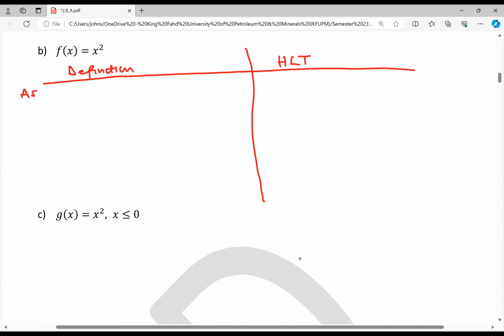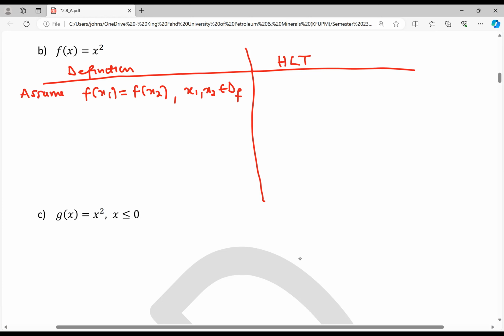By definition, we will assume that f of x1 is equal to f of x2, and we will take x1 and x2 to be in the domain of f. The domain of f is still the whole R, right?